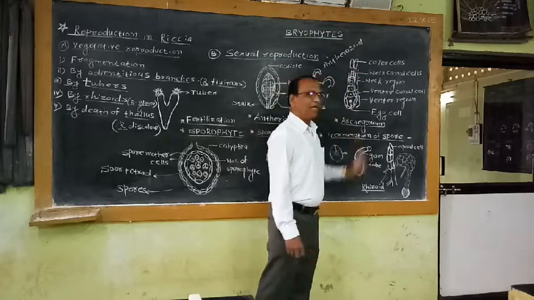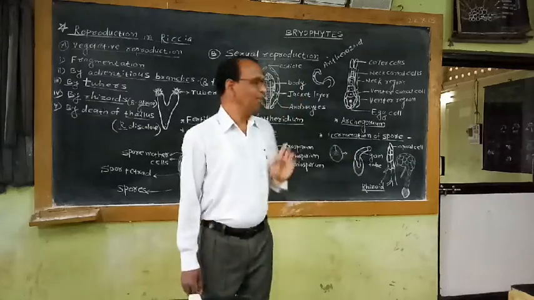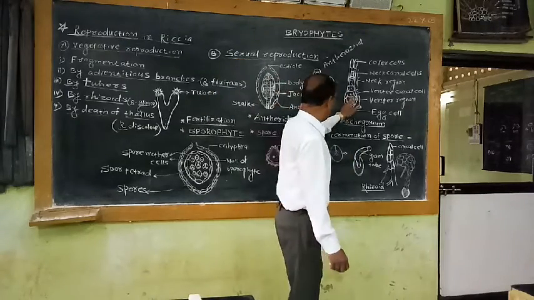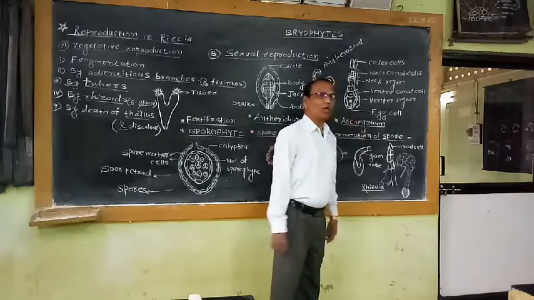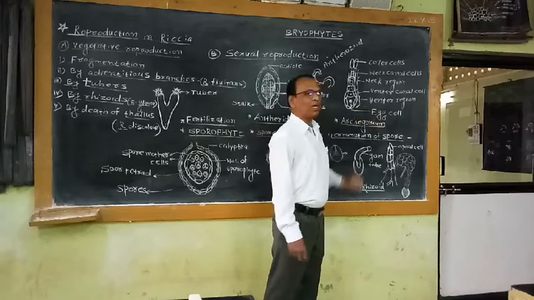Many antherozoids come towards the archegonium, but only one antherozoid succeeds in meeting the egg nucleus.